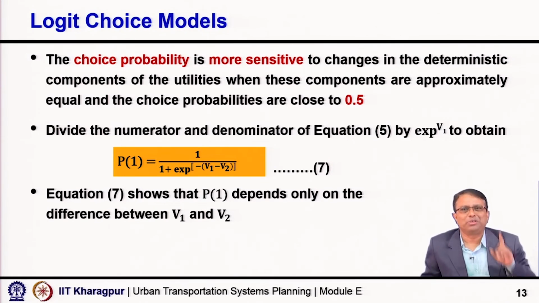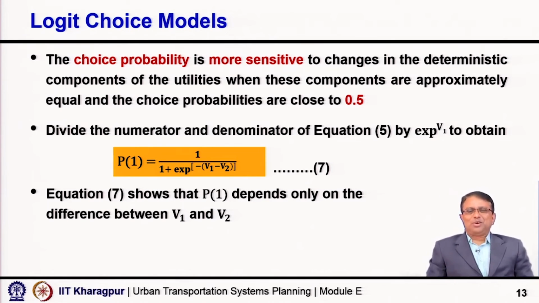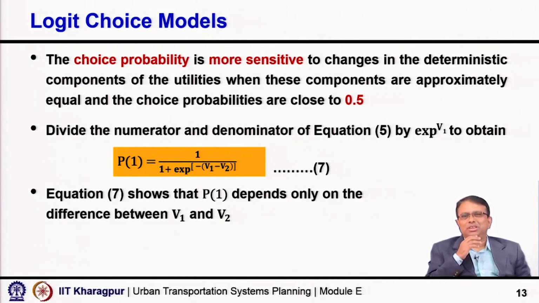This is very important and you must remember it always. Generally, because there is something in the numerator and something in the denominator, and the probability is a ratio, unknowingly we tend to think it is the ratio of v1 and v2 that is controlling the probability, which is wrong.